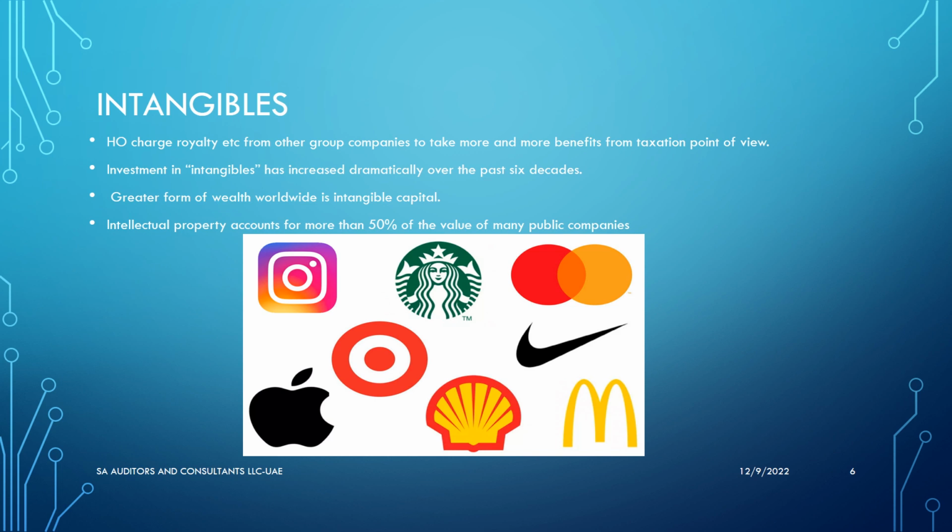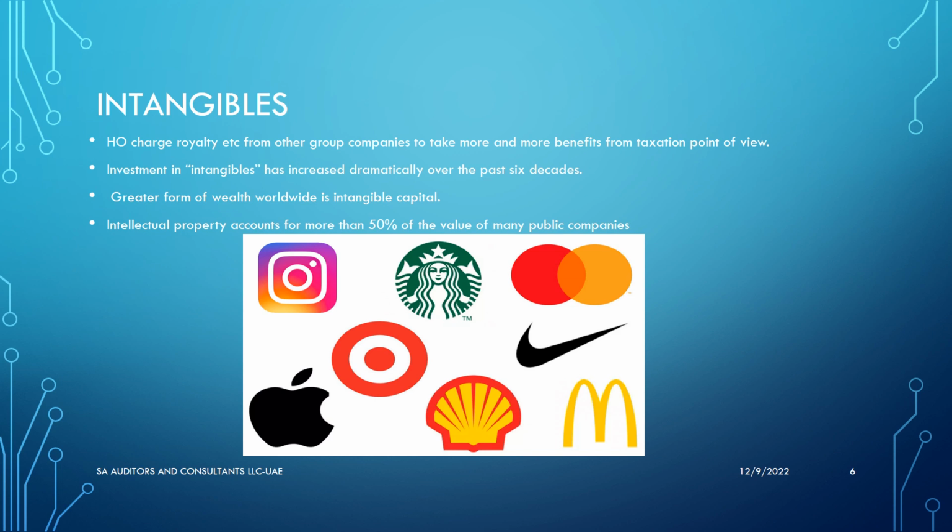Intangibles are a very big tool for shifting profit from one jurisdiction to another. As I already explained, Pepsi USA can shift its profit to Pepsi UAE, so that they can pay less tax and save money.